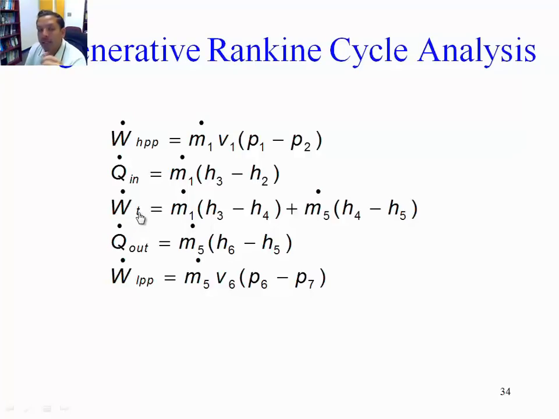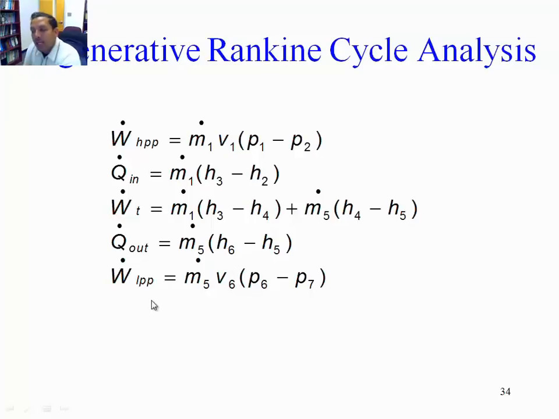Now the turbine, if we apply the first law of thermo in the turbine, we have two different mass flow rates. So we have M1 times H3 minus H4. H3 is the inlet, H4 is the intermediate outlet. And M5 times H4 minus H5, H4 being the intermediate outlet and H5 being the final outlet. Q out, which is the Q in the condenser, is M5 times the delta H in the condenser.